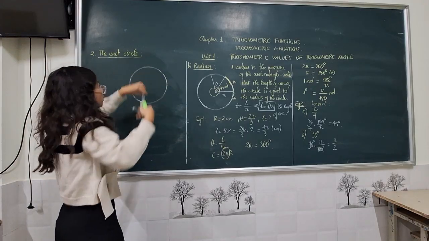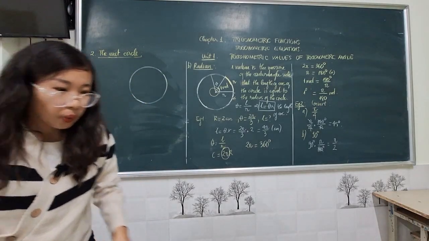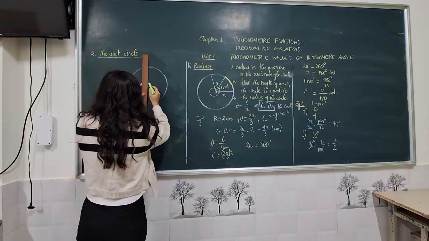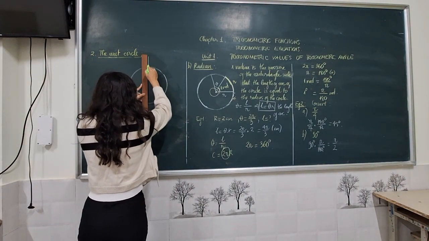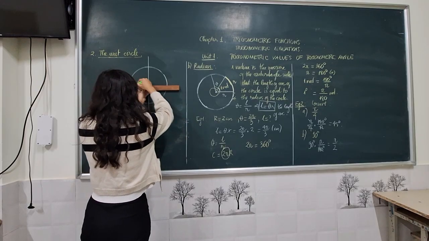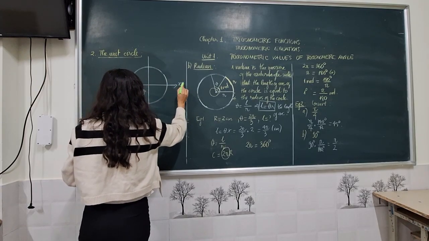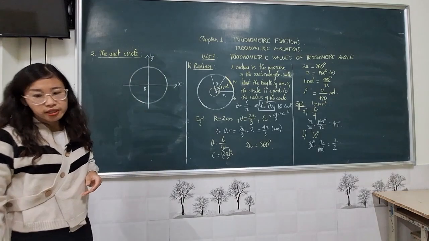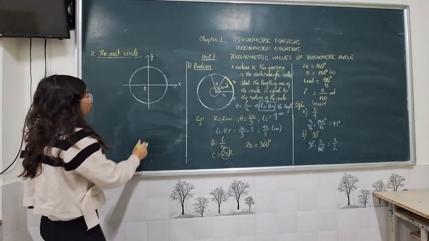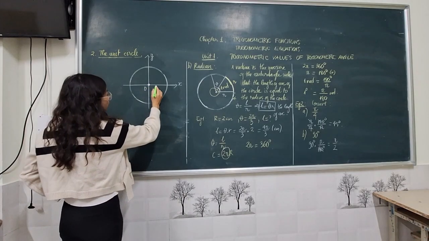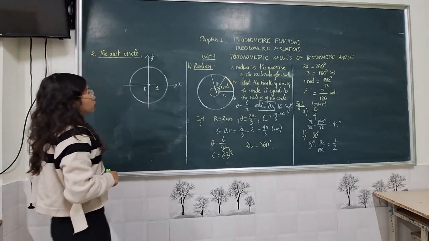Now, what is the unit circle? I draw the coordinate plane with the x-axis and the y-axis. The unit circle is the circle centered at the origin with radius 1.